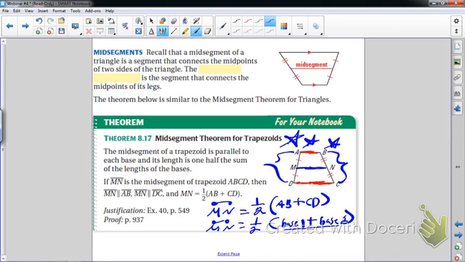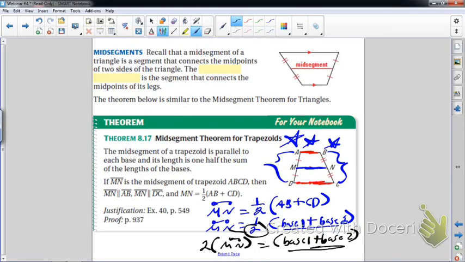I know that in the video I showed in class, the instructor said you multiply both sides by 2 to get rid of the fraction. You could do that as well, or you could just take the 2 and multiply it across, and then you would have 2 times MN equal to base 1 plus base 2.